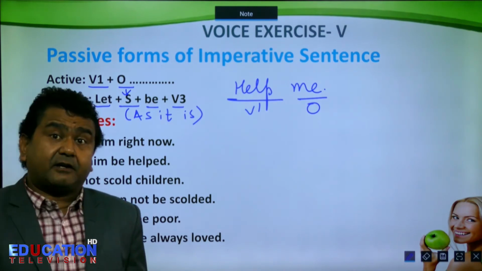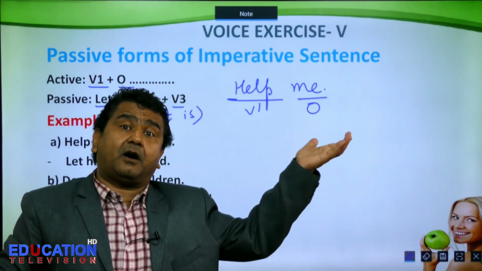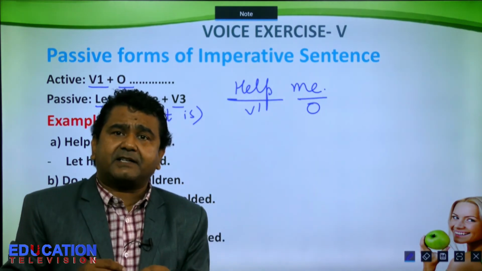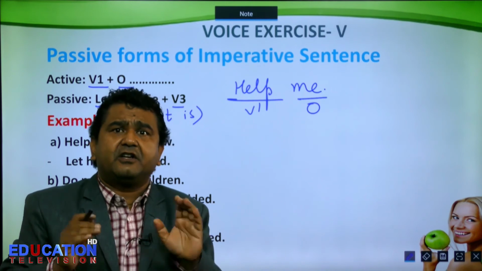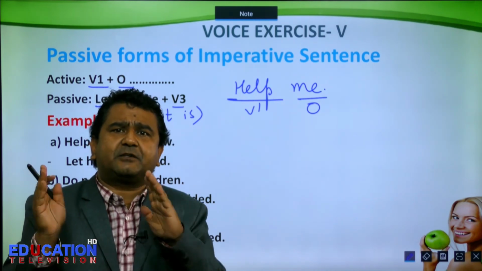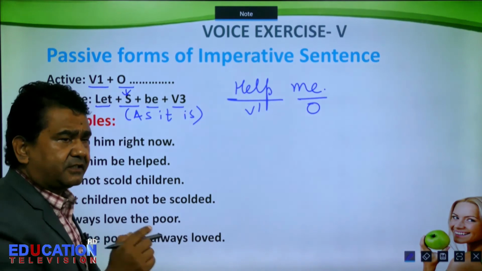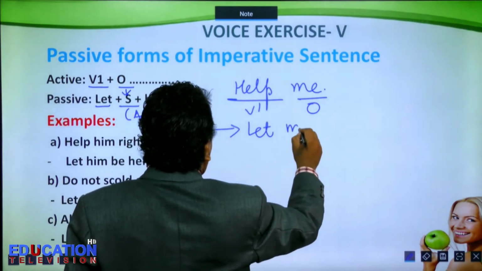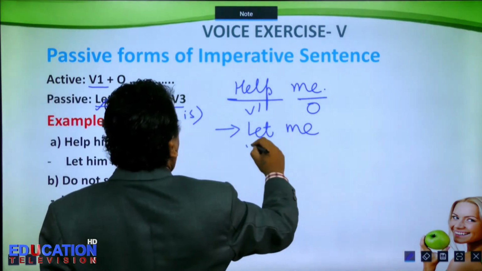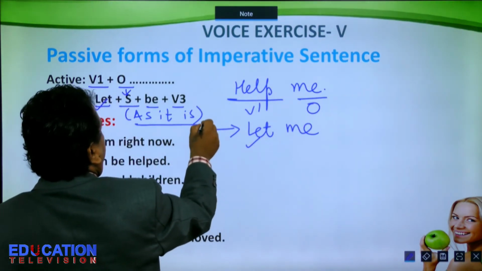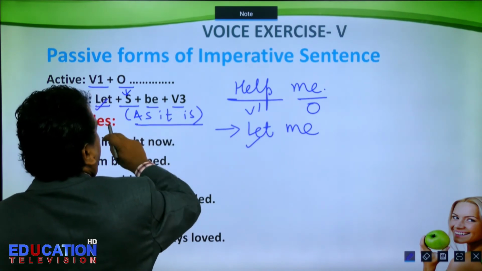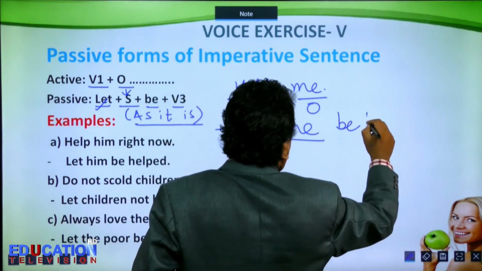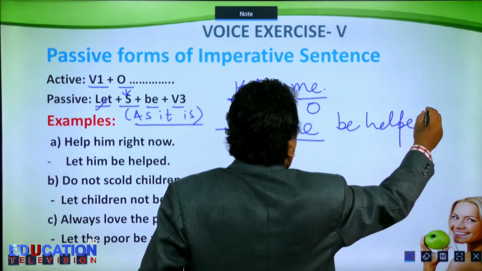In other cases, when we draw me as a subject, it becomes I. But in the imperative case, you don't have to change me into I. So, let me, as it is, means you don't change anything. As it is, me. Here should be be. Let me be helped. Complete.